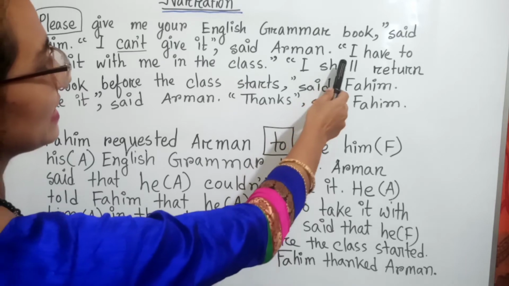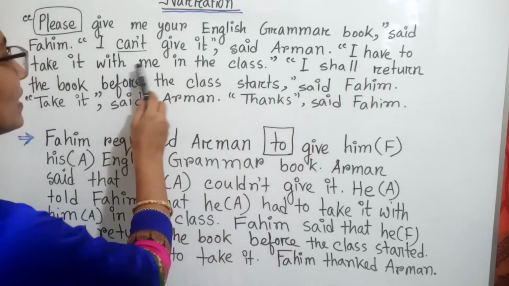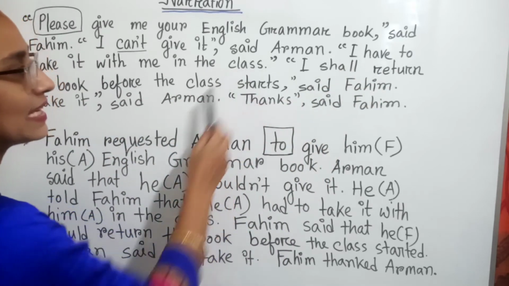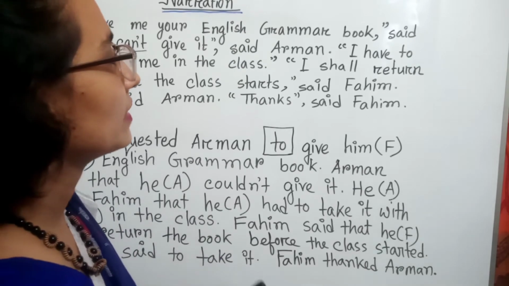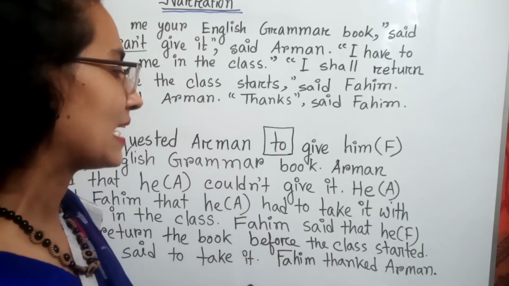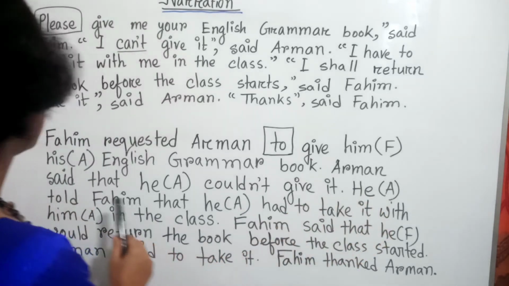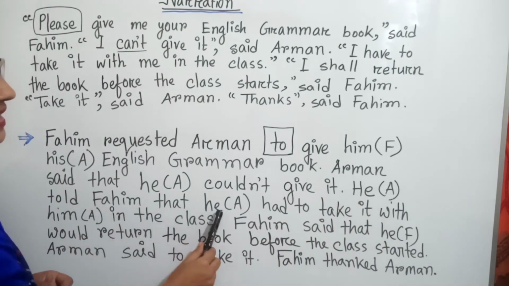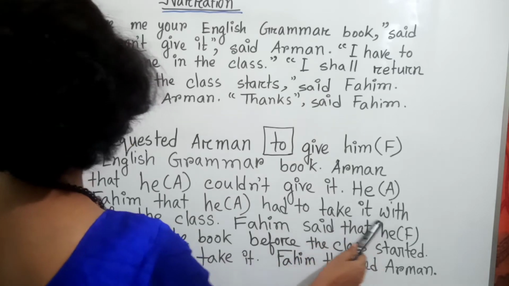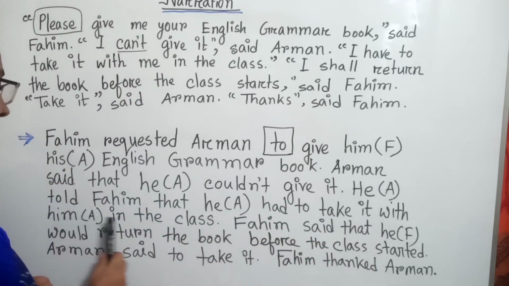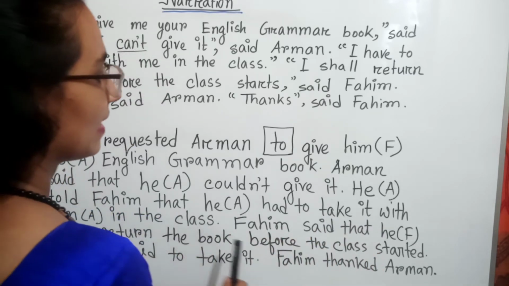In the third sentence, "I have to take it with me in the class." This speech also delivered by Arman. That's why I wrote here he, that means Arman, told Fahim that he had to take it with him in the class.